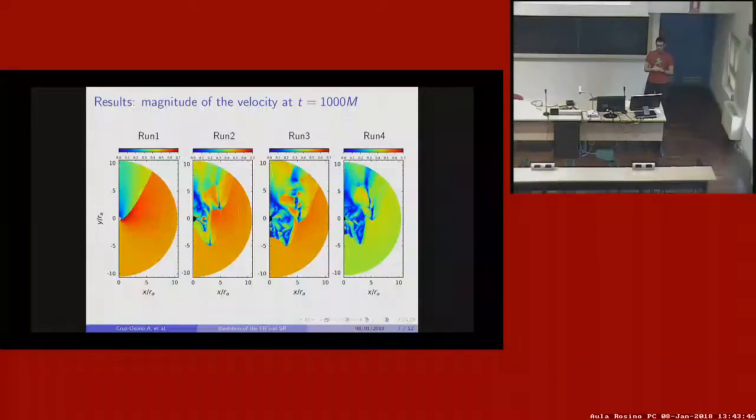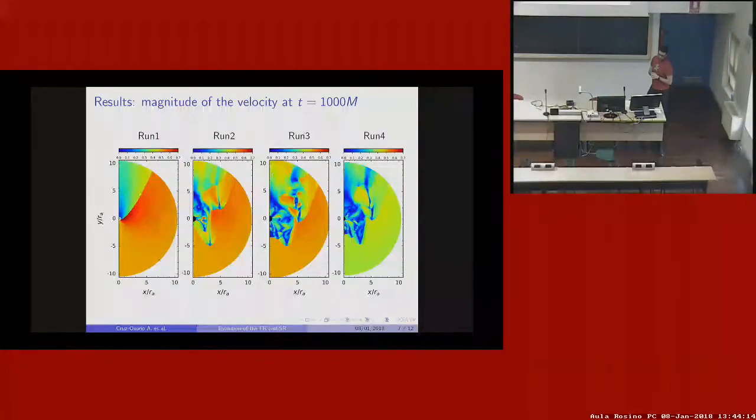Since the flow is supersonic, each obstacle creates a bow shock front, where the gas density increases and the gas velocity decreases. And after a while, those fronts start to interact with each other, forming a more complex structure.